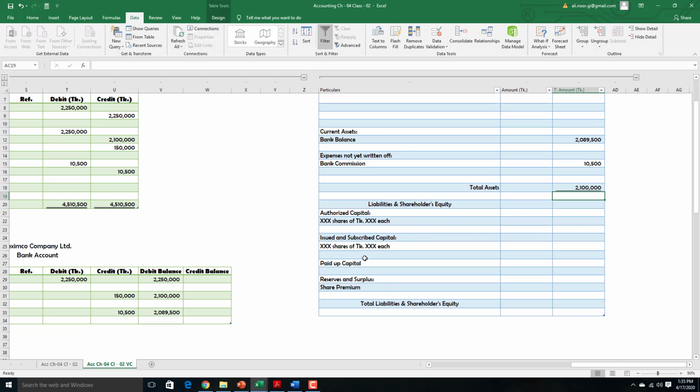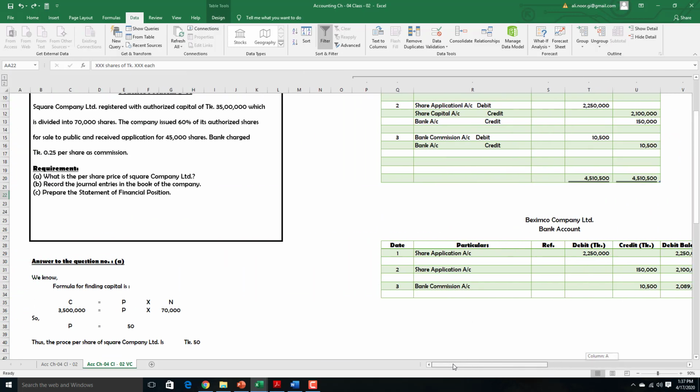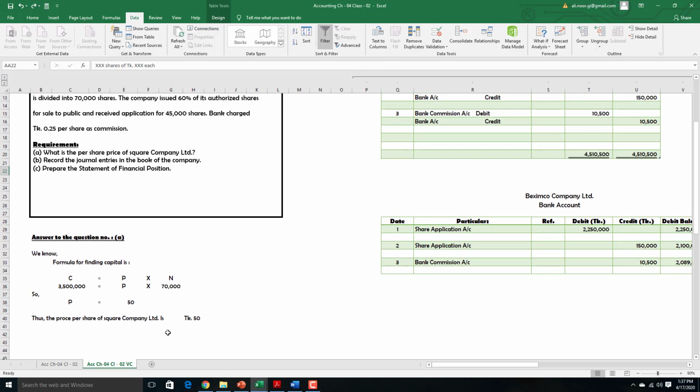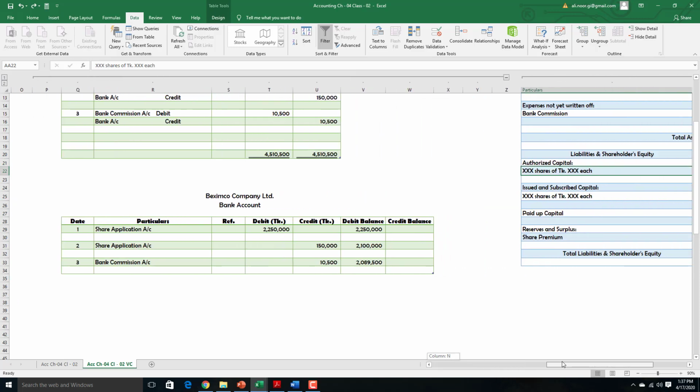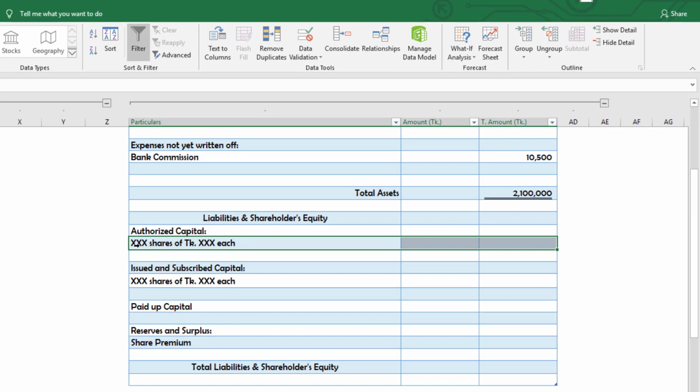To prepare the statement, I just fill it up to save time. For authorized capital, we check how many shares we have in our authorization, that is 70,000 shares, and we already know that the share price is 50 taka, so fill it with 70,000 shares of taka 50 each.